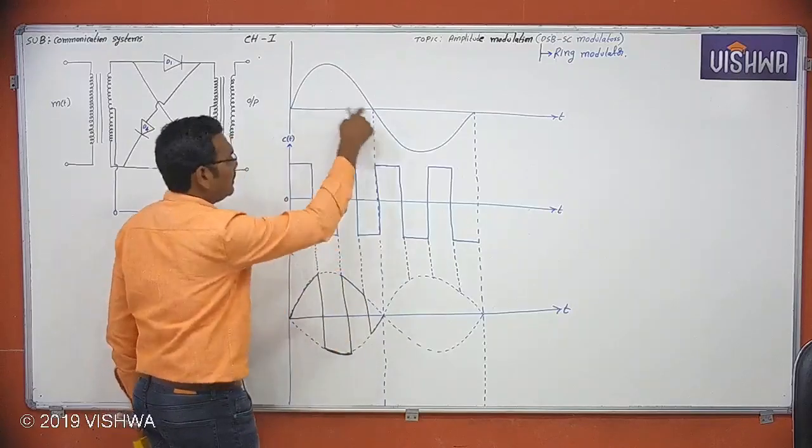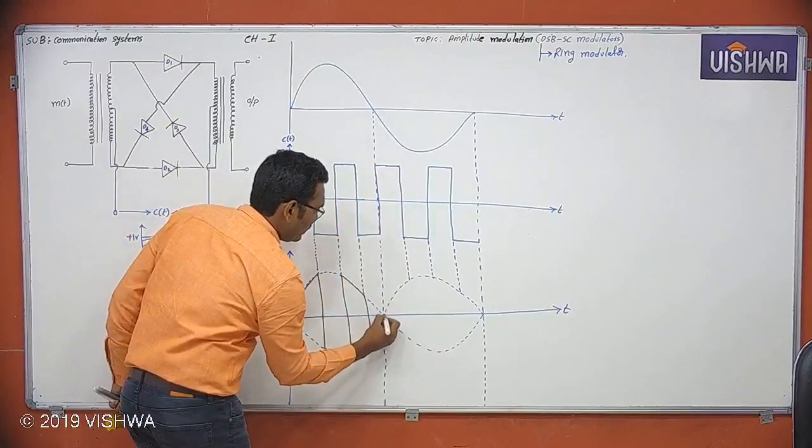Now when the message signal is crossing the negative polarities, there is a phase shift here, right?